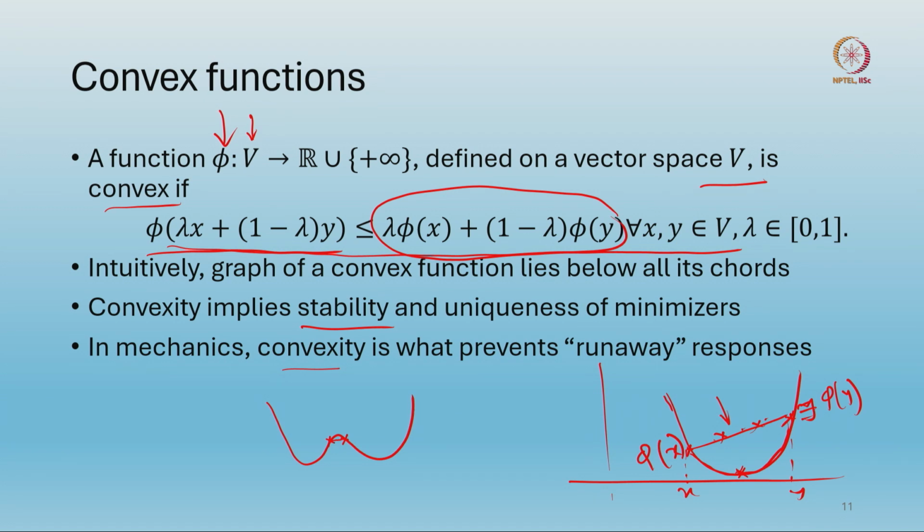So we must understand that convexity is what essentially is responsible for preventing runaway responses, and therefore it plays a very important role in the variational logic where we try to find a minimum. We should be able to do it in a stable manner, and there should be some uniqueness associated with it.